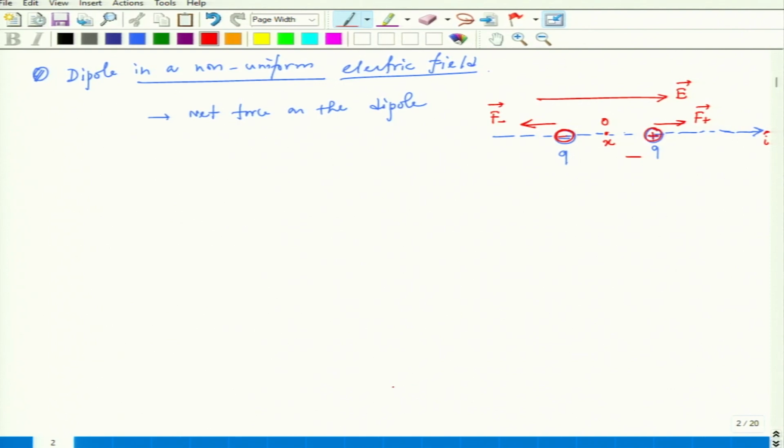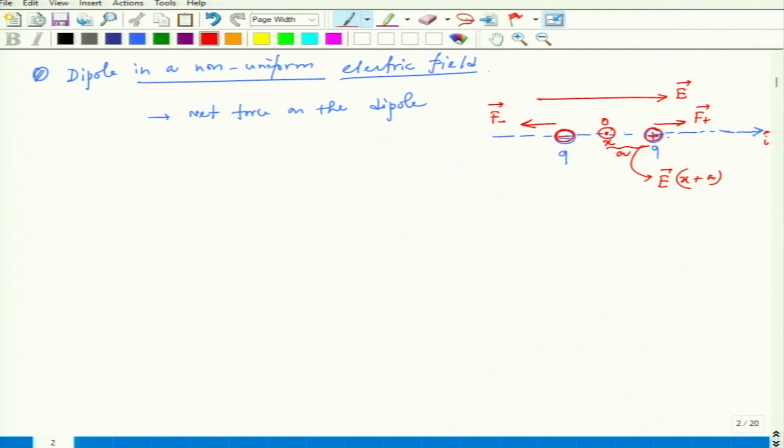Let us say this distance is a, and this is the point x.